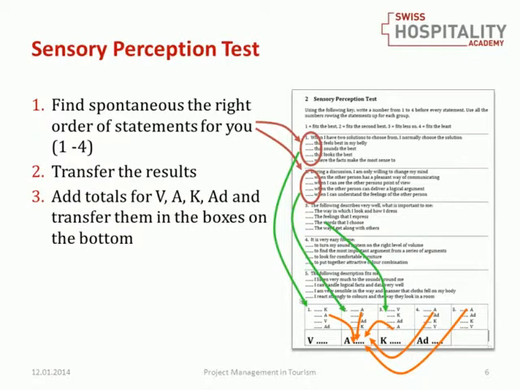And then the last one, where you need to prove your mathematical skills, is to add all the numbers beside the letter V. Then you add up the numbers beside the letter A, you add up the numbers beside the letter K, and you add up the numbers beside the letters AD.